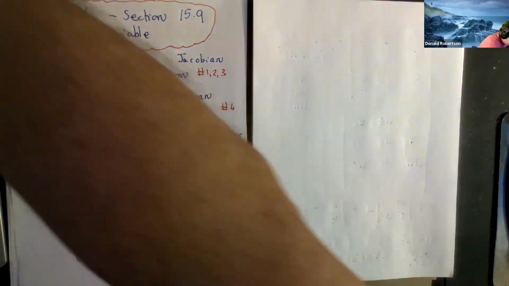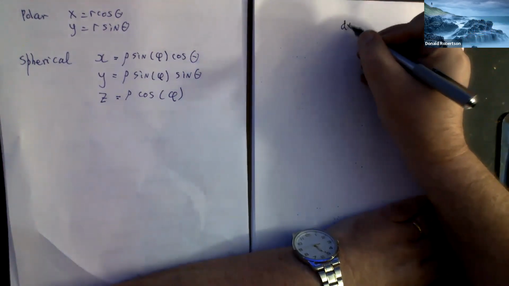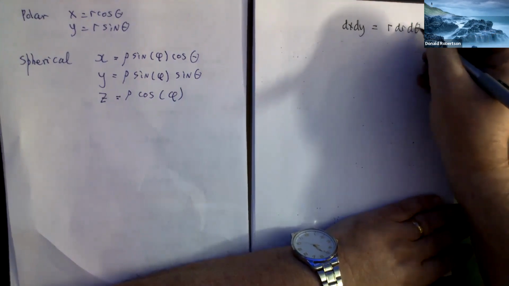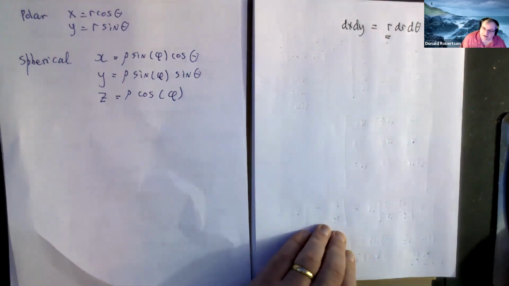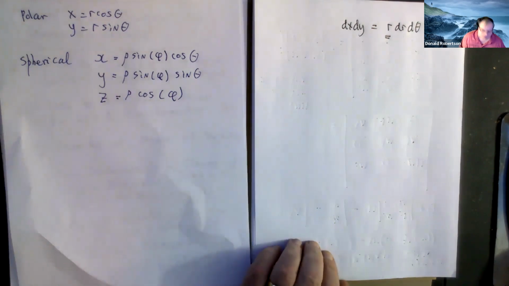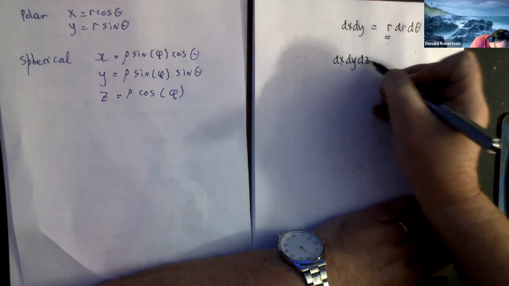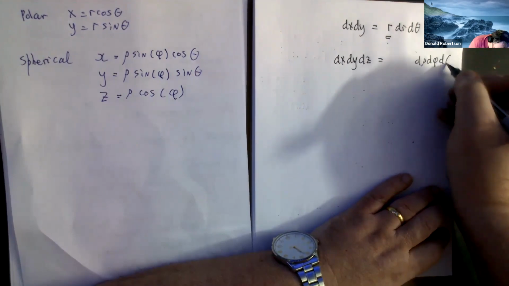Second one, here we go. Remember when we did polar, you had a dx and a dy, and it turned into an r, dr, d theta. And I just told you, trust me, you need that r because it's there. You remember that guy? And when we did spherical, we would do a dx, a dy, and a dz, and that would turn into a d rho, a d phi, a d theta.